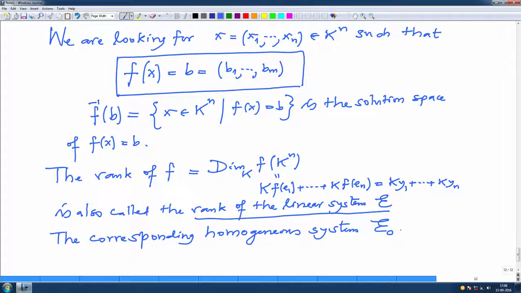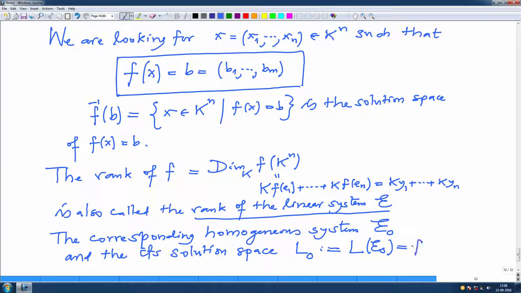The solution space of the corresponding homogeneous system we have denoted by L0, which is by definition L of E0. But what is this? This is nothing but f inverse of 0, because we are taking b equal to 0, the fiber over 0, which is nothing but the kernel of f.